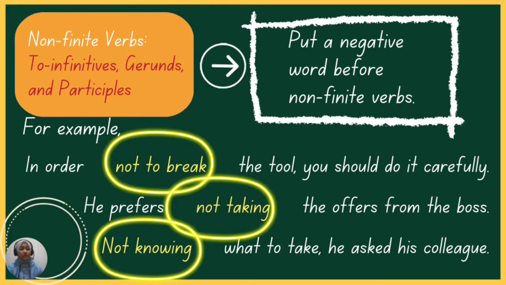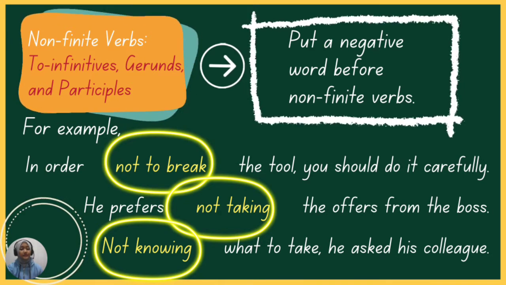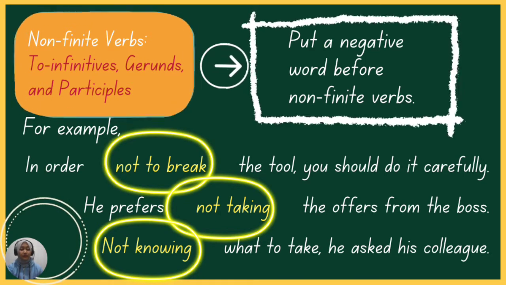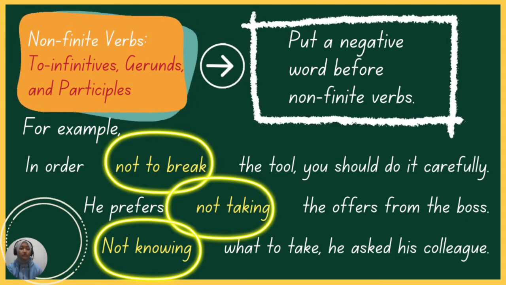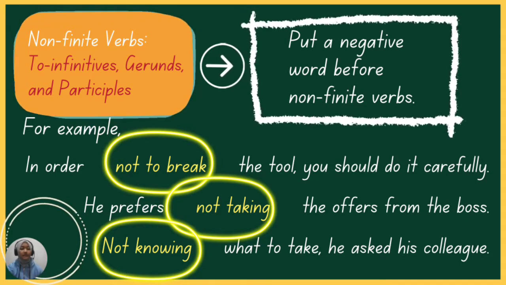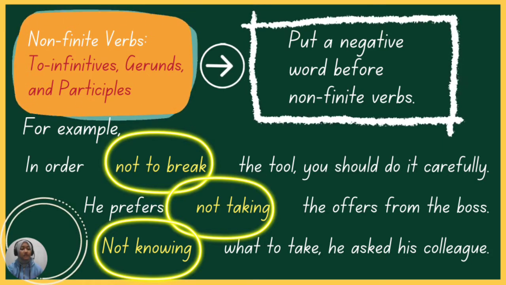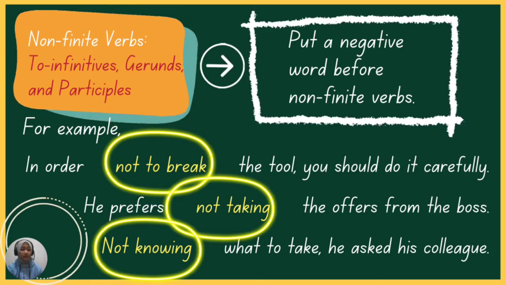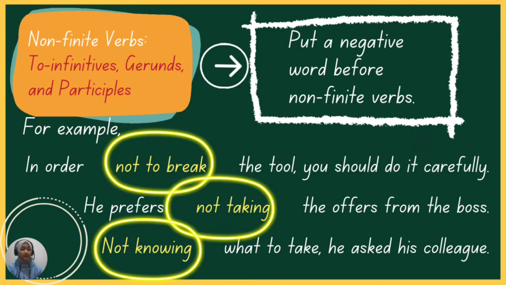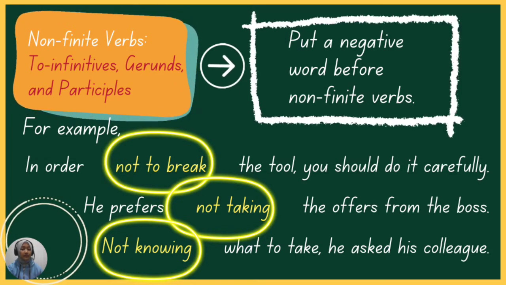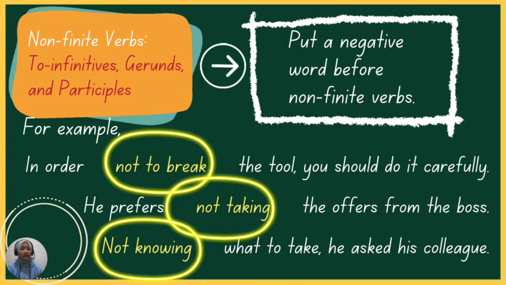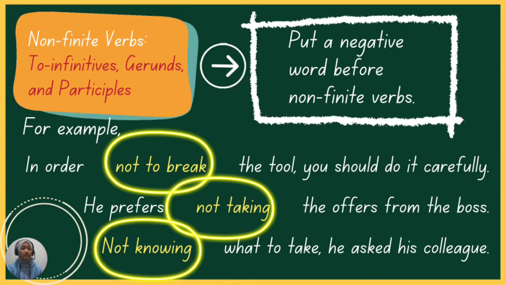Put a negative word before non-finite verbs. Ya, jika kita menggunakan bentuk negatif itu akan muncul sebelum non-finite verbs. For example, in order not to break the tool, you should do it carefully. To break, to infinitives ya, indikator negatifnya muncul sebelumnya, not to break.